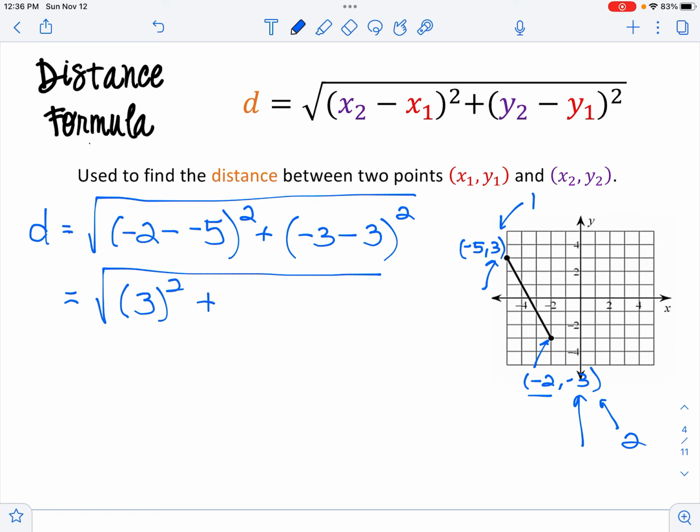And then -3 minus 3, which is -6 squared. Make sure that's in parentheses.